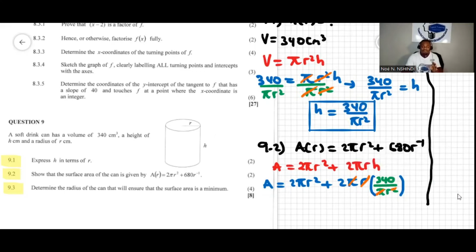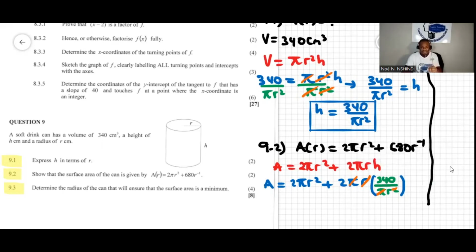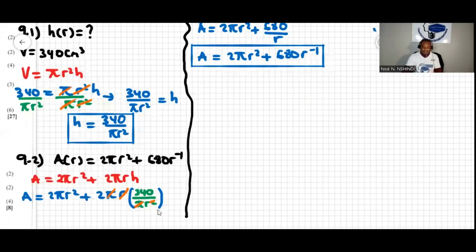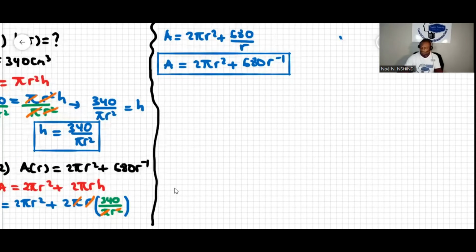We can find the minimum of the surface area by making the derivative of the function equal to 0. So over here we're looking for r such that the function A of r is the minimum. We can obtain the minimum if we set the derivative of the function equal to 0.